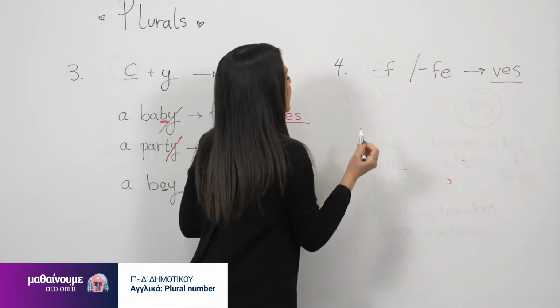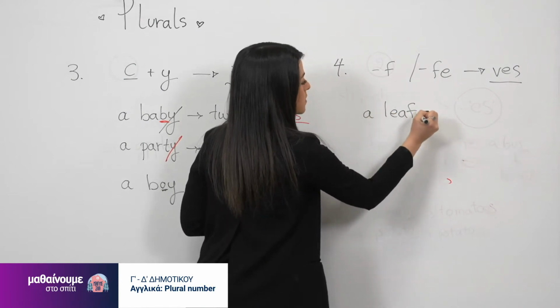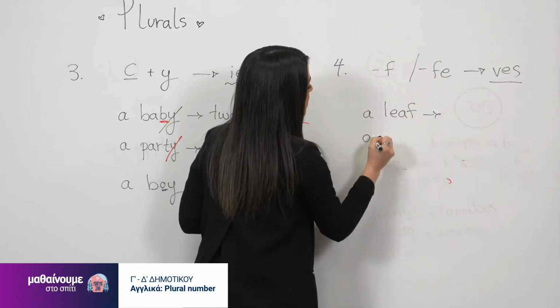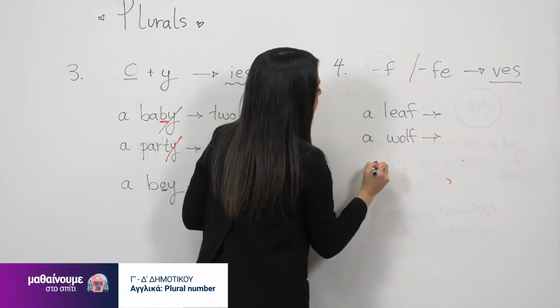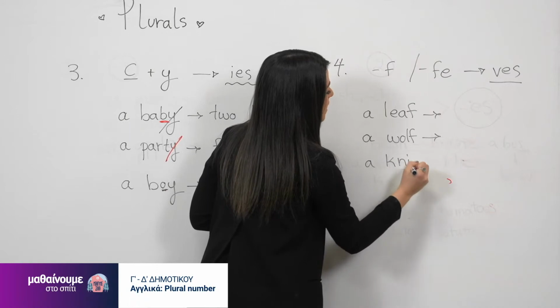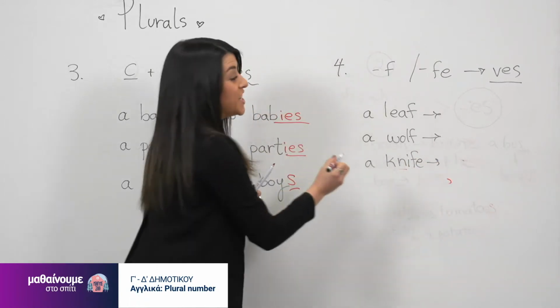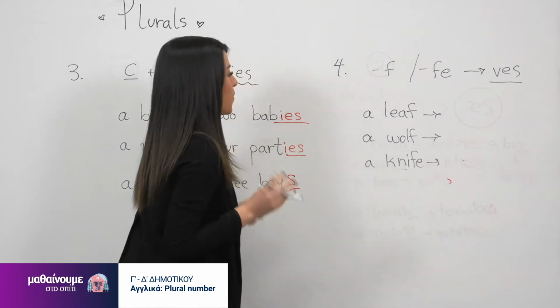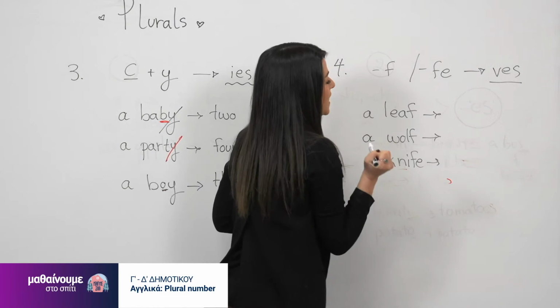For example, let's say a leaf, okay? Or a wolf. Or a knife. Remember here, we don't pronounce the K, it's knife. So what happens here? We take out the F again, and we put V-E-S.